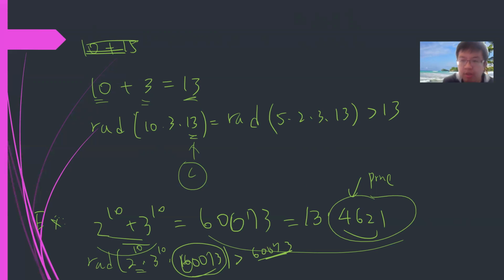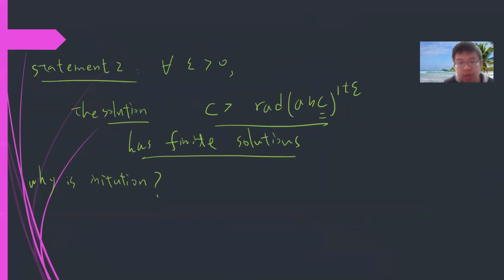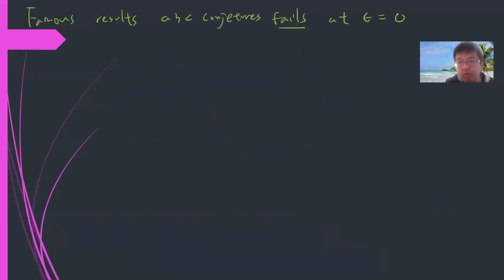Okay, but before I talk about implications, let me explain why epsilon needs to be greater than 0. This is the famous result: the ABC conjecture fails at epsilon equals 0.